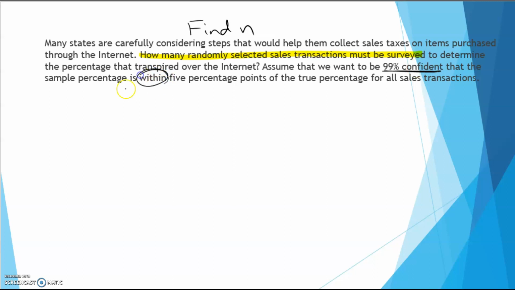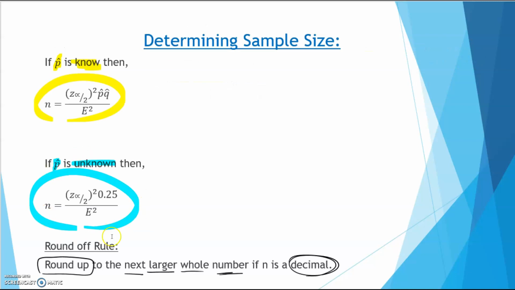This word right here, the within, that's actually a key word, and right after that word, the 5 percentage points, that's actually talking about the margin of error. So margin of error. And then it doesn't tell me anything about p hat or q hat. So I'm still going to be using this second formula right here.